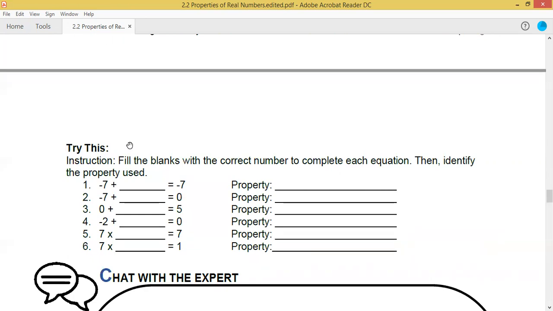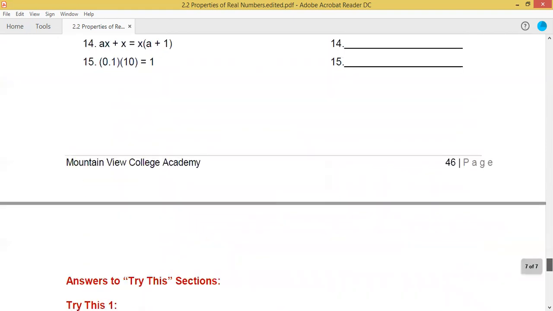Now let me answer the try this section. Negative 7 plus blank equals negative 7. If you notice, the answer is the number itself. So what was added? 0. And we have used the identity property. Next, let me go directly to the answers.